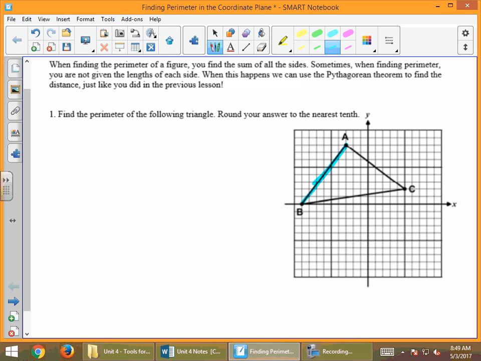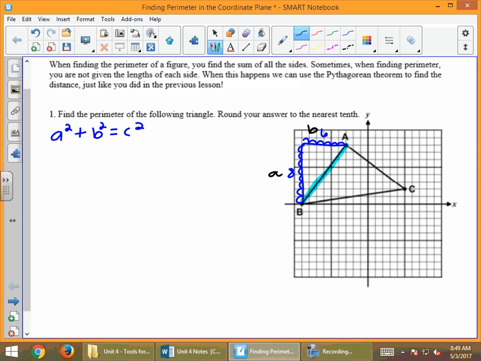So just like we did last section, we're going to make a right triangle with side AB, and we're going to use the Pythagorean theorem, which again is a squared plus b squared equals c squared. And count: 1, 2, 3, 4, 5, 6, 7, 8. 1, 2, 3, 4, 5, 6.